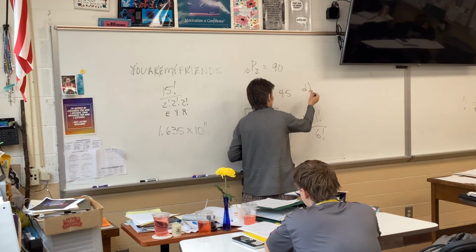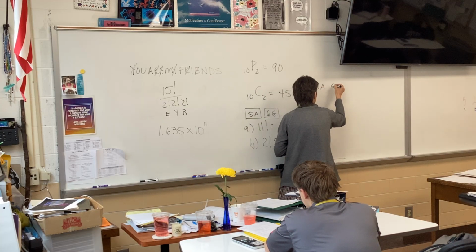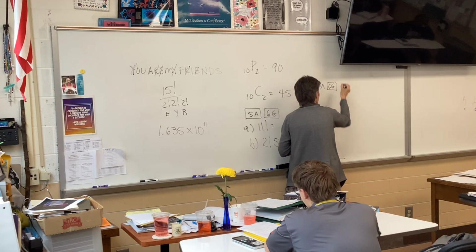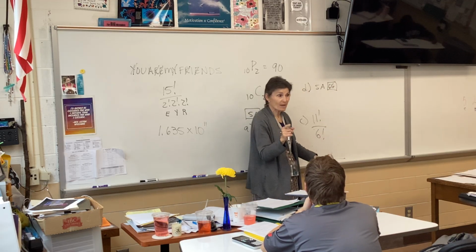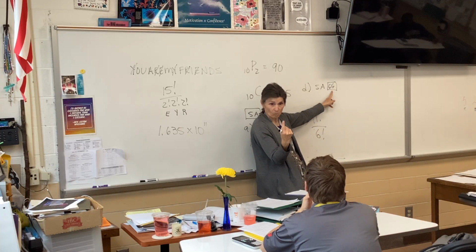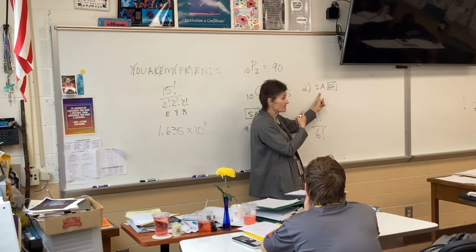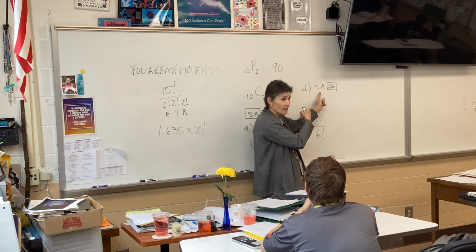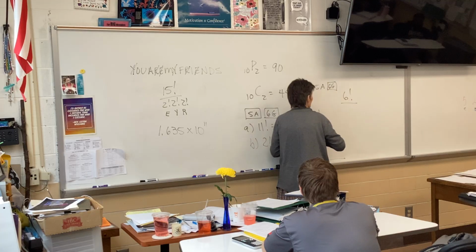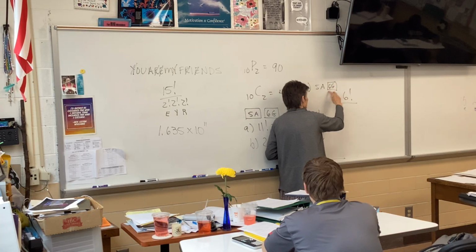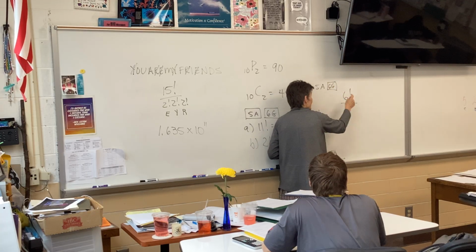So I have my 5 algebras and my 6 geometries, but they have to be kept together. So now they operate as one, but I still have these guys. It didn't say I had to group those. So I got my 5 and my 1. So I start with 6 factorial. It's 1 bundle, 5 spare books, that's 6 things.